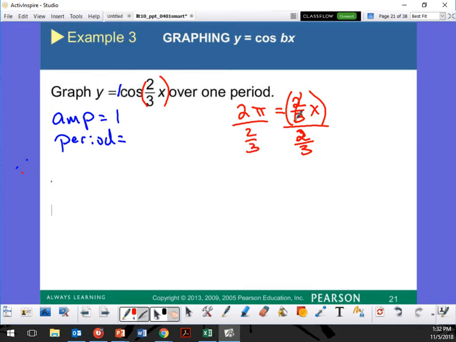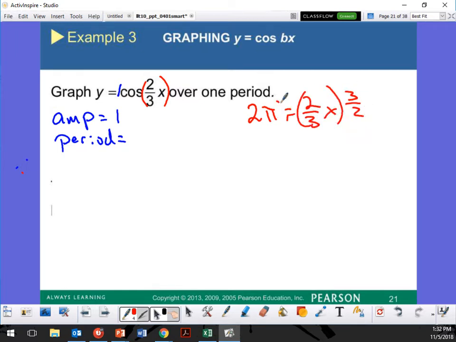So these will cancel. So x? Wouldn't it be just 3x? Could you multiply by 3 over 2? Yes, I can multiply by 3 over 2. So, 2 pi equals 2 over 3x multiplied by 3 over 2.